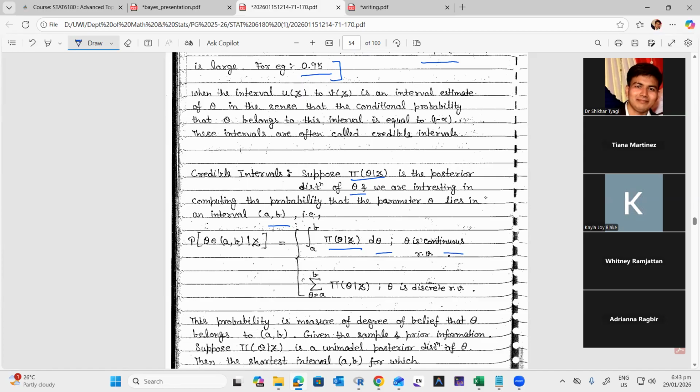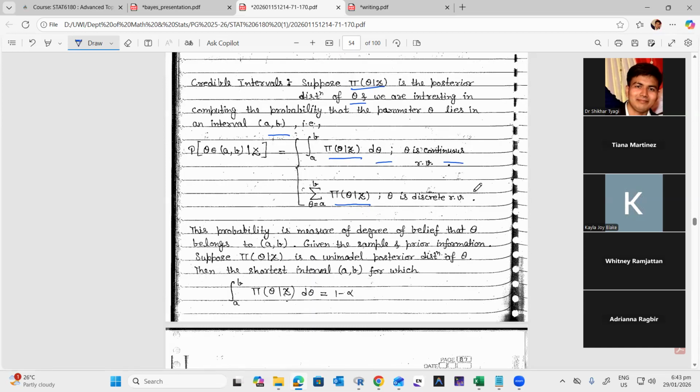Otherwise, if it is a discrete case, we take the summation over theta from a to b of your posterior PMF. All right. So this probability is the measure of the degree of belief that theta belongs to a to b, given the sample and the prior information.